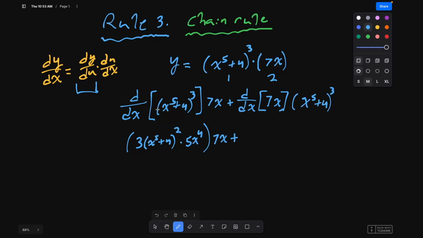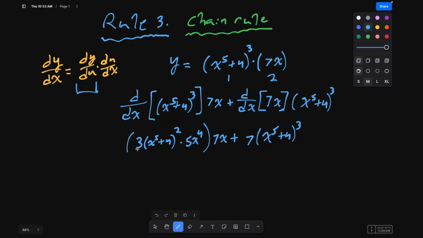So that's the first half, that's the left half of our problem. Then we take the derivative on the right side. The derivative of 7x is just going to be 7, and that's multiplied by x to the 5th plus 4 to the 3rd power.